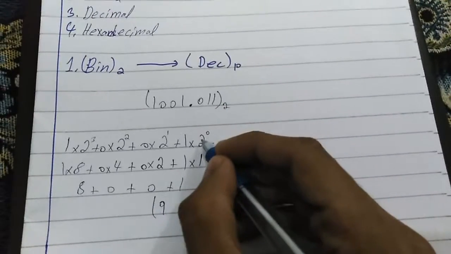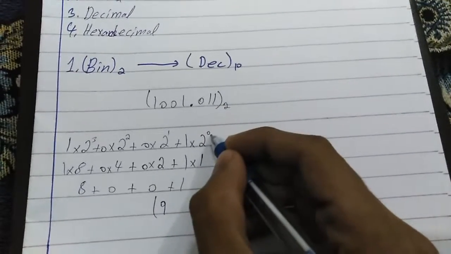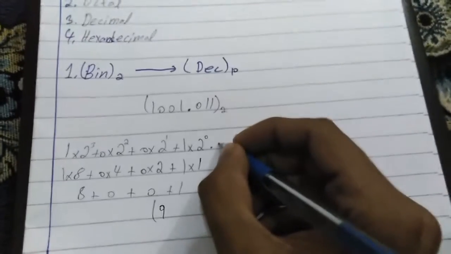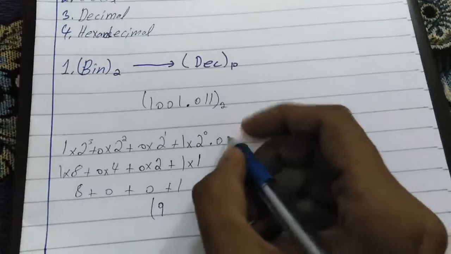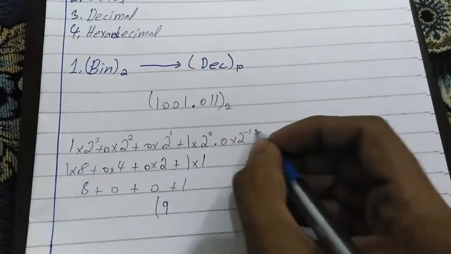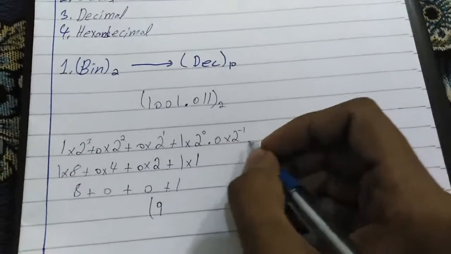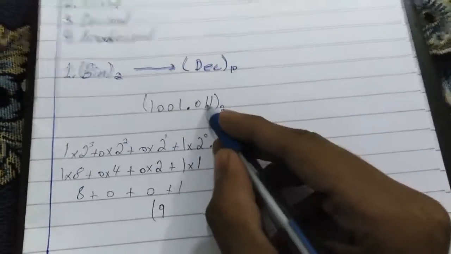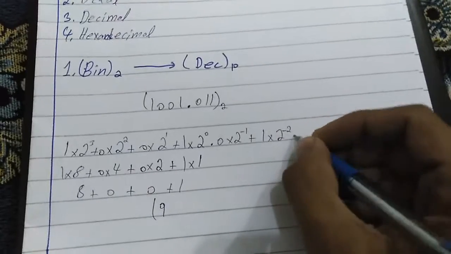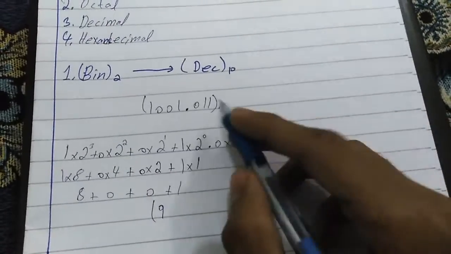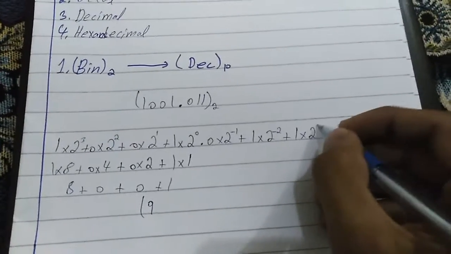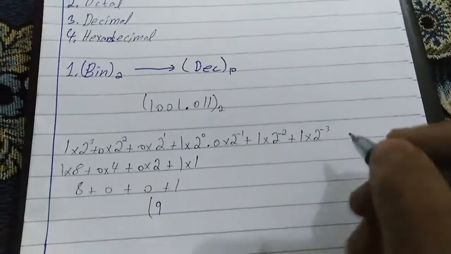Here the initial power of 2 is 0. We choose like this: 0 multiplied by 2 power minus 1, the power being decremented here, addition, and now 1 into 2 power minus 2, plus the next and last, 1 into 2 power minus 3.